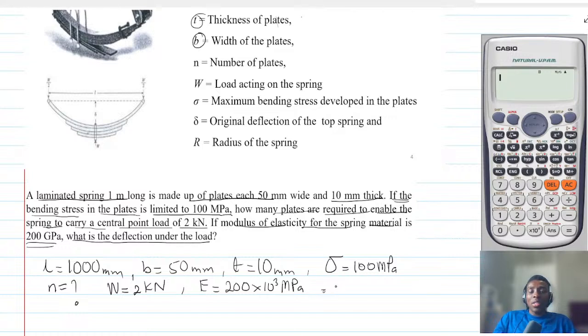So the question is asking two things. First, we have to calculate the number of plates, and then we also have to calculate the deflection.